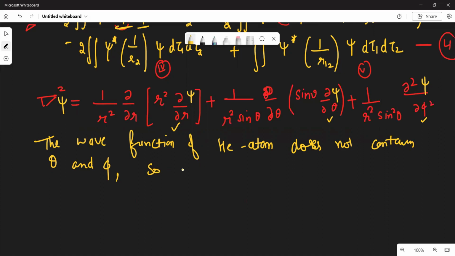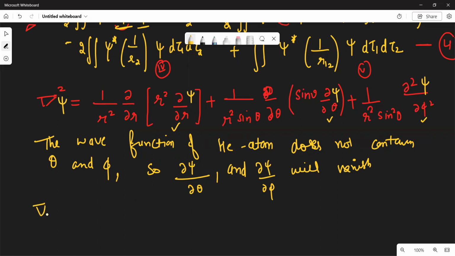So the differentiation factors, del psi over del theta and del psi over del phi will vanish. That means we will be left with only one term. So in the del square expression, these two terms will be 0.